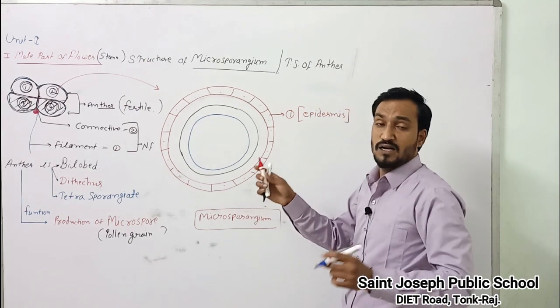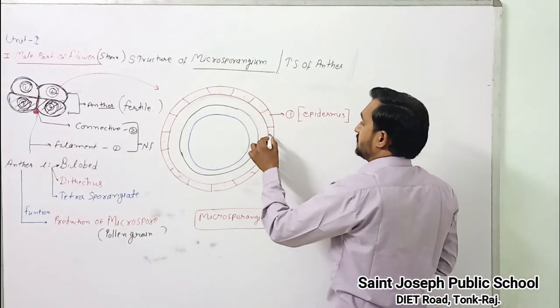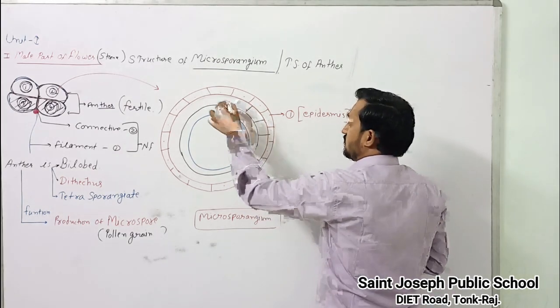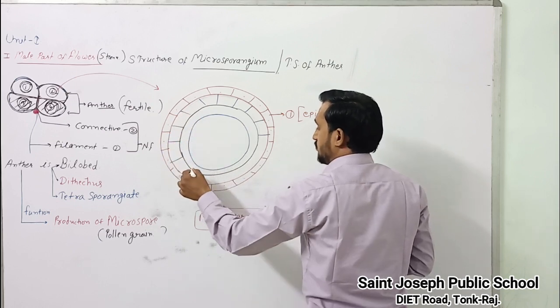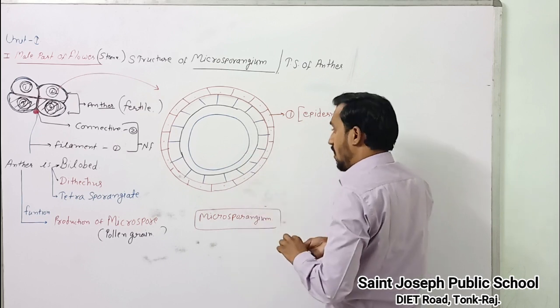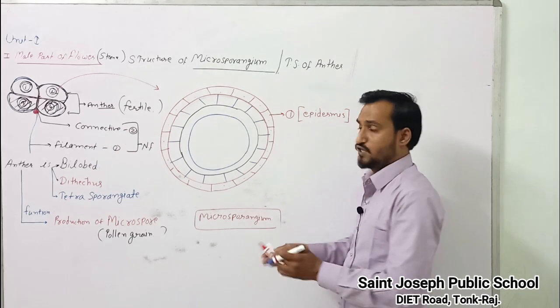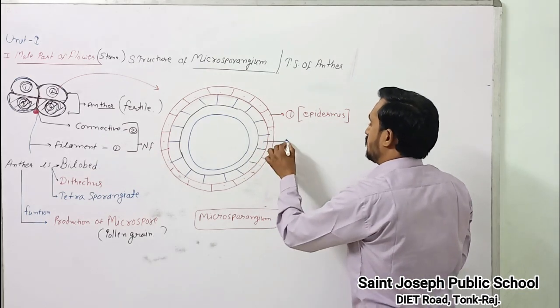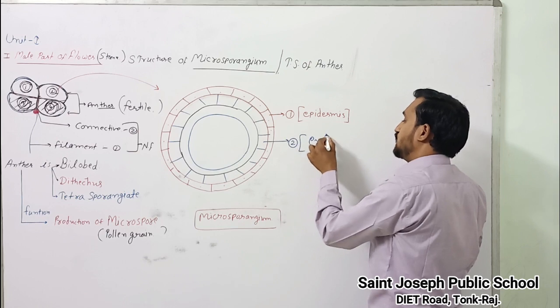It is a single uniseriate layer. Second, inner, that is endothecium. It is an important layer of the anther's microsporangium. Number 2 layer, that is known as endothecium.